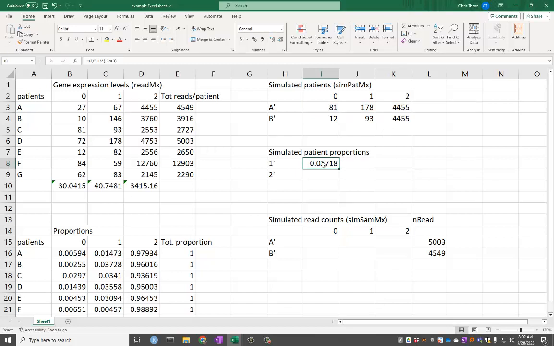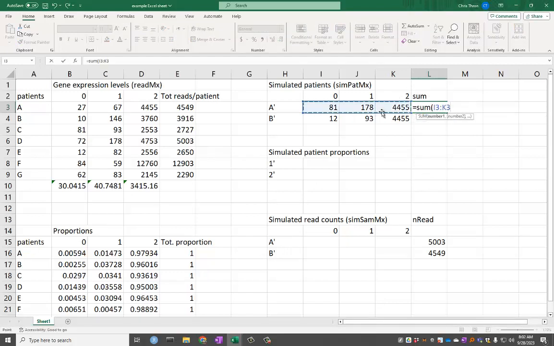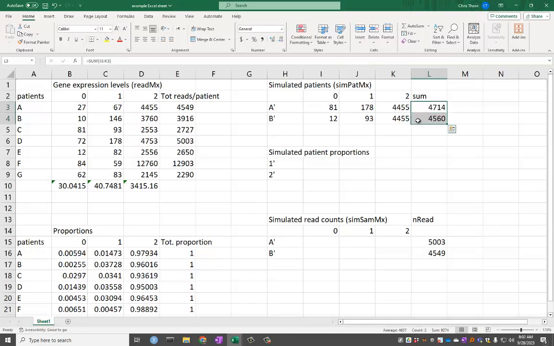All right, but I want to make sure that this carries. So let me make the sum. So equals sum. And we'll copy that down. All right, so here it's going to be proportion. So this will be equal to this value divided by this sum.